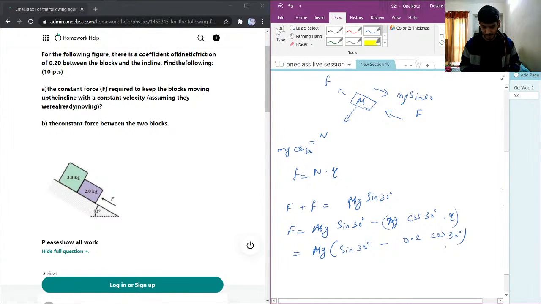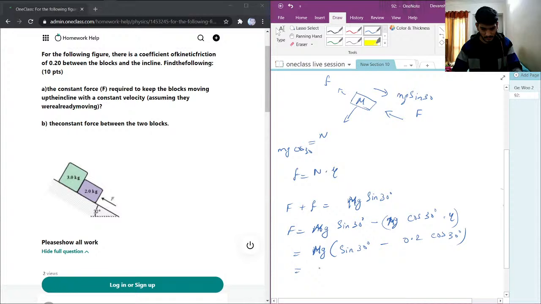So we can always use a calculator for this. This will be sine 30 minus 0.2 into cosine 30, which is 0.3267.